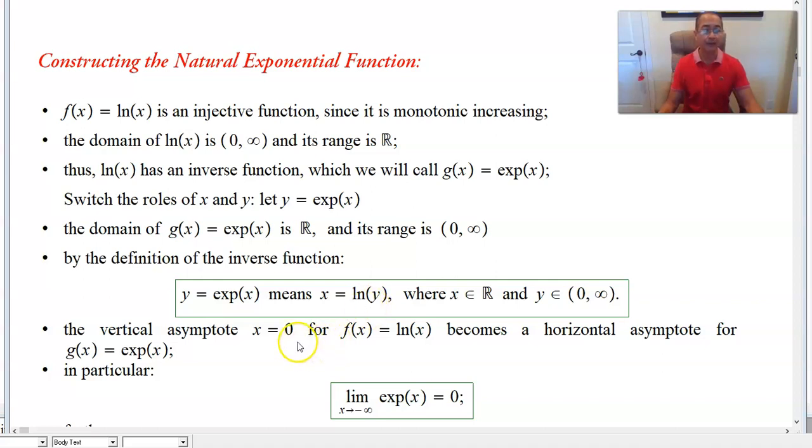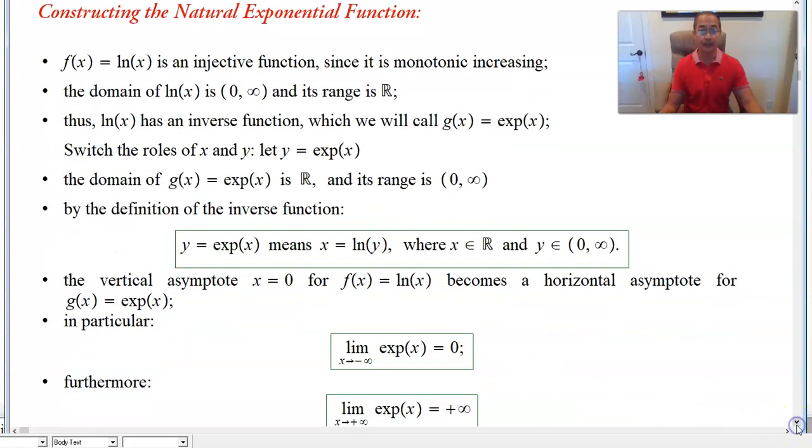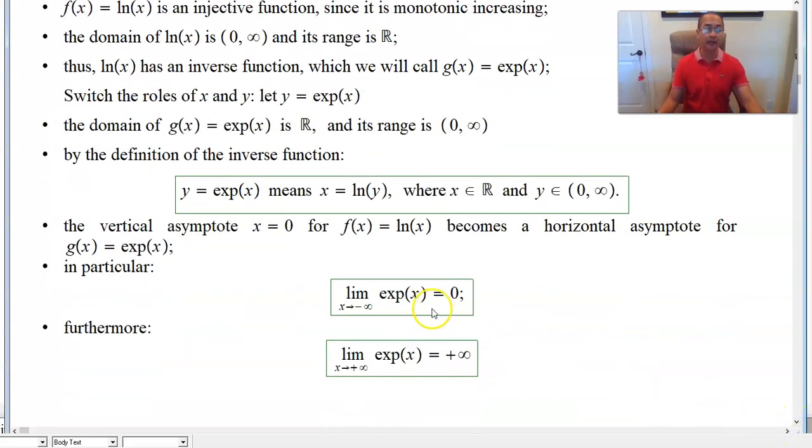Okay, the vertical asymptote for the ln function became a horizontal asymptote for the exponential function. And in particular, we saw that the limit as x approaches minus infinity of the exponential function is 0. But on the other hand, the limit as x approaches positive infinity of the exponential function is also positive infinity.